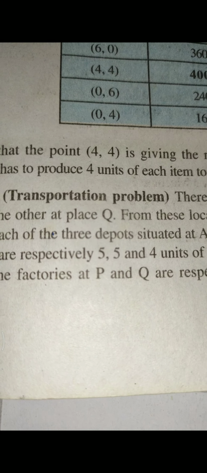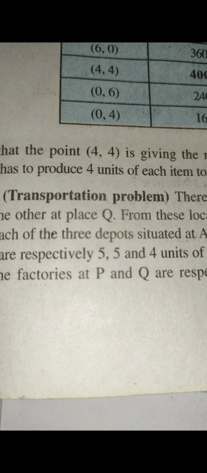This is the first question based on the transportation problem, and all questions of this transportation problem are given in the miscellaneous exercise. So according to the algorithm, first we have to read the question properly.